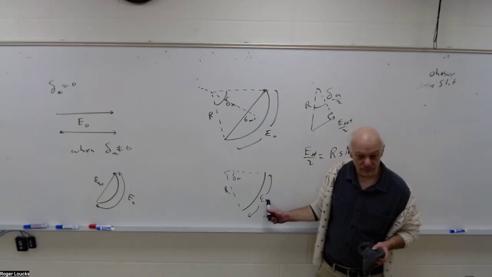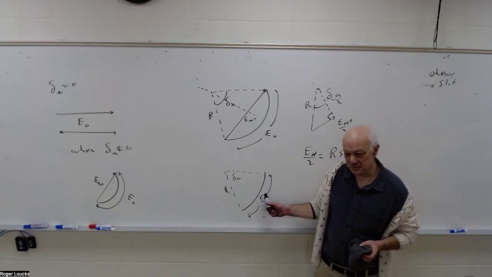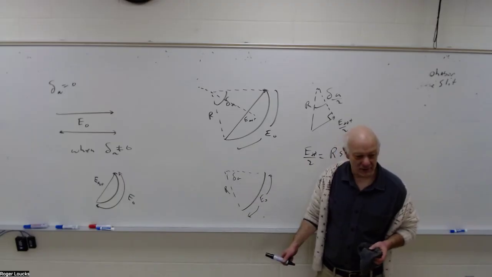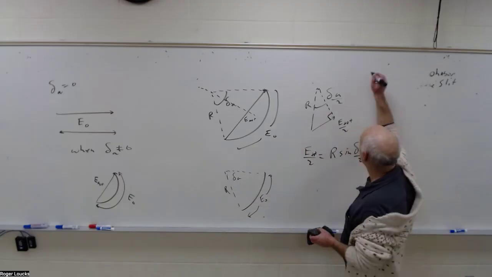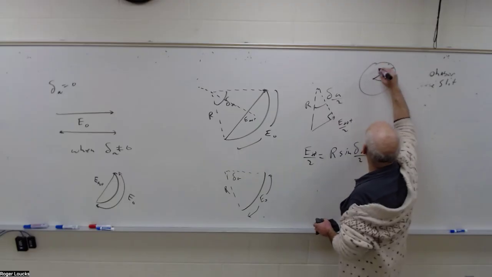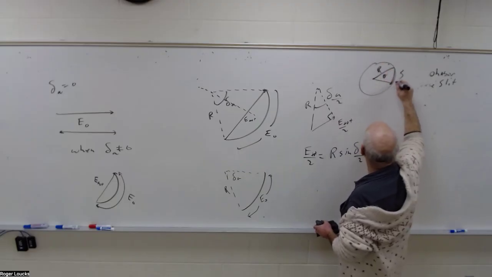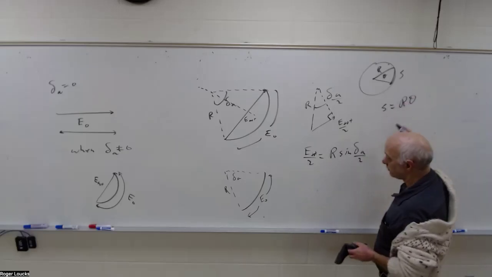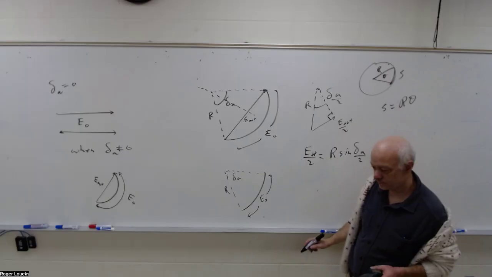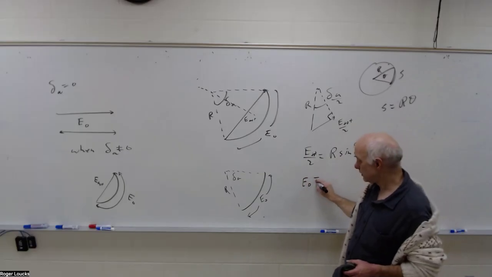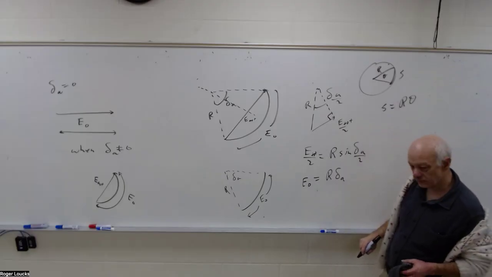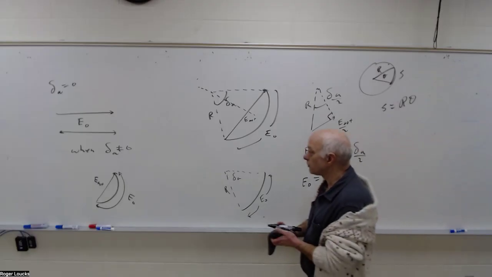This is an arc, maybe an arc length, like an S. This is part of a circle. It has a radius R, and then go here, delta A. So we have a circle here. This is R, this is theta, this is S. S equals R theta. So what can you conclude here? E naught equals R delta A. Make sense? Now, let's go through and tinker with this form.